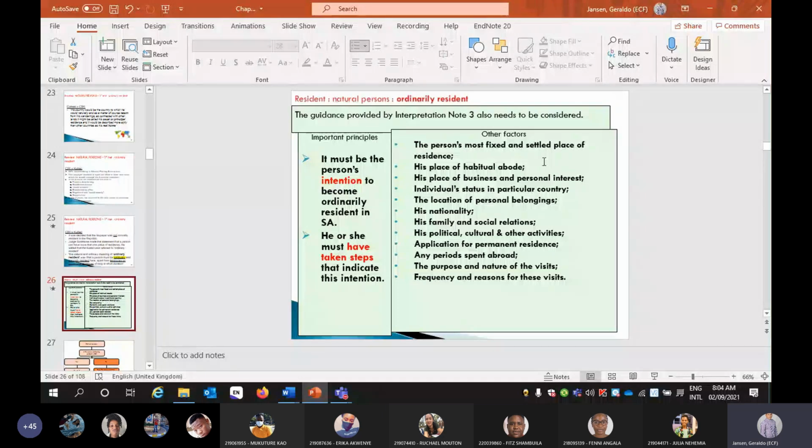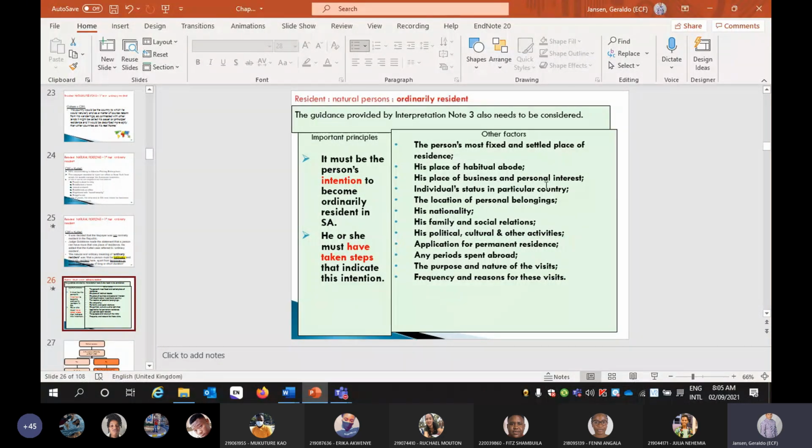Basically your home. For an animal, normally we say that is their habitual abode, and that is where they live. And then his place of business and personal interest. So where are your transactions? What transactions are you actually entering into, and where does your personal interest lie?